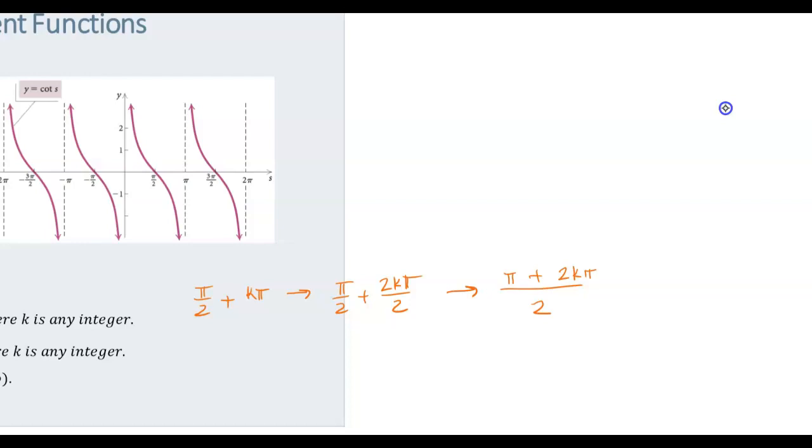Factor the pi out, and you get 2k plus 1 times pi over 2. This is a common way that we write an odd number, right? And so this is saying every odd number multiplied by pi over 2.